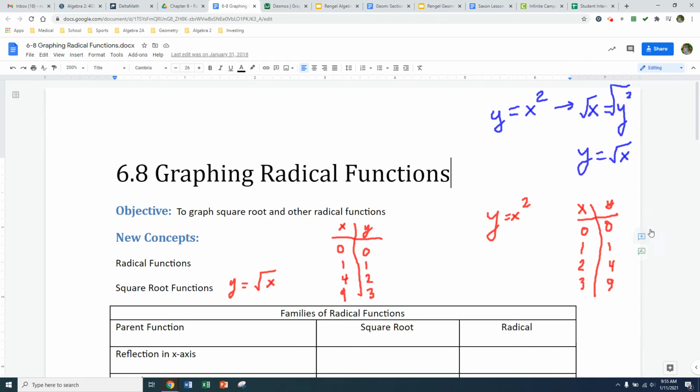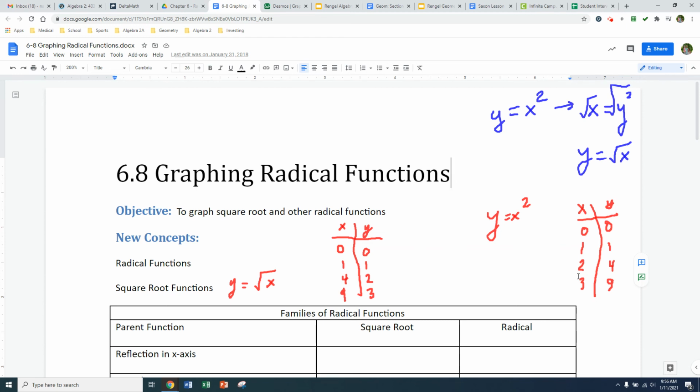So we can see here the x squared function: 0, 0; 1, 1; 2, 4; 3, 9. Those are all inputs and outputs for the x squared function. For the square root function, we flip the x's and the y's. So now the x's become 0, 1, 4, and 9, and the y's become 0, 1, 2, and 3. So the y's are just the square root of those x inputs.